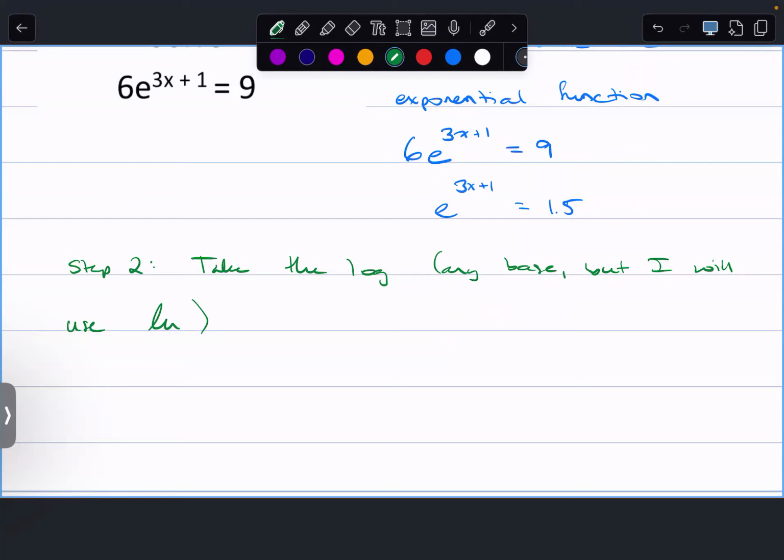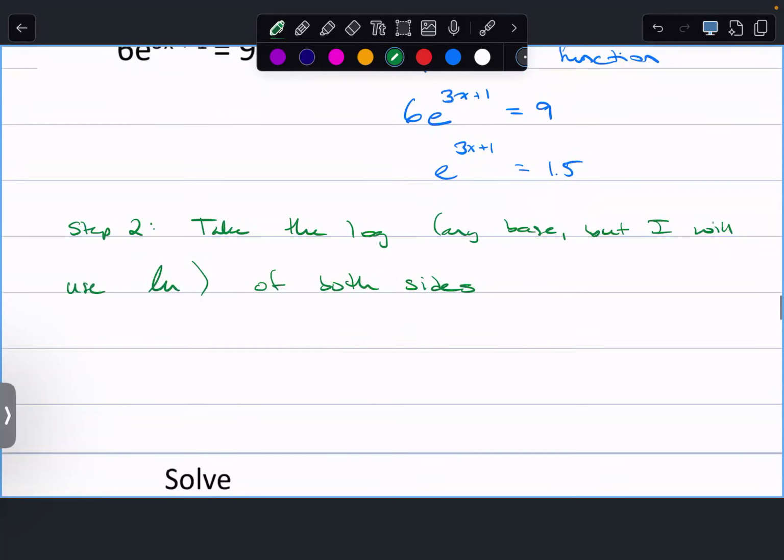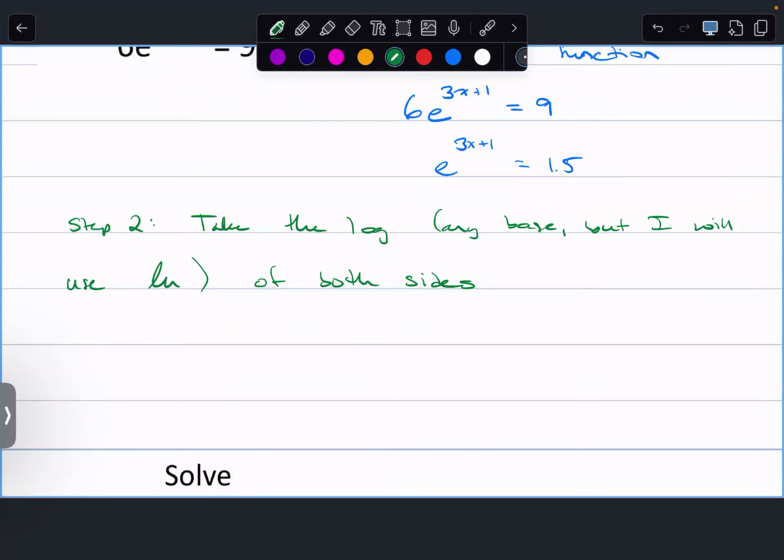That's so important, and it's the step that people love to forget, is that you have to also take the natural log of 1.5 of both sides. And I shouldn't just say people, I love to forget it as well. So I take the natural log of e to the 3x plus 1 is the natural log of 1.5.